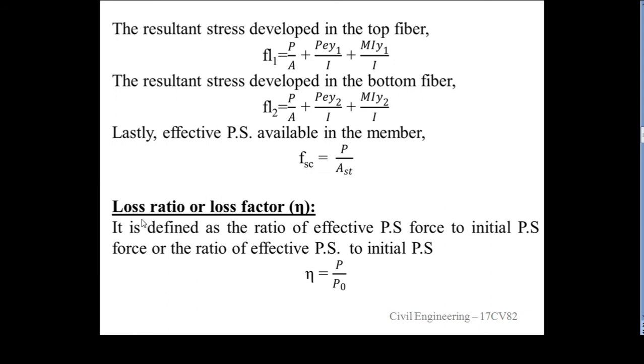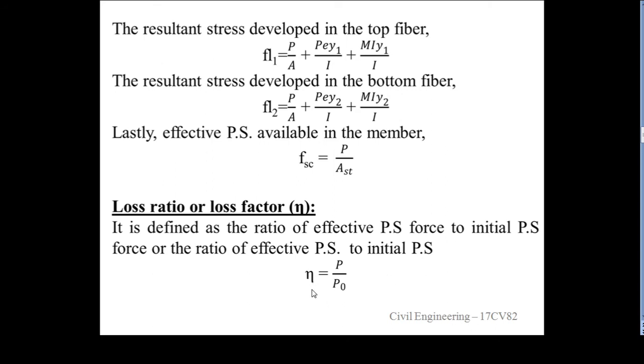Then the loss ratio or loss factor is represented by nu. What is the loss factor or loss ratio? It is defined as the ratio of effective pre-stressing force to initial pre-stressing force, or the ratio of effective pre-stress to initial pre-stress.